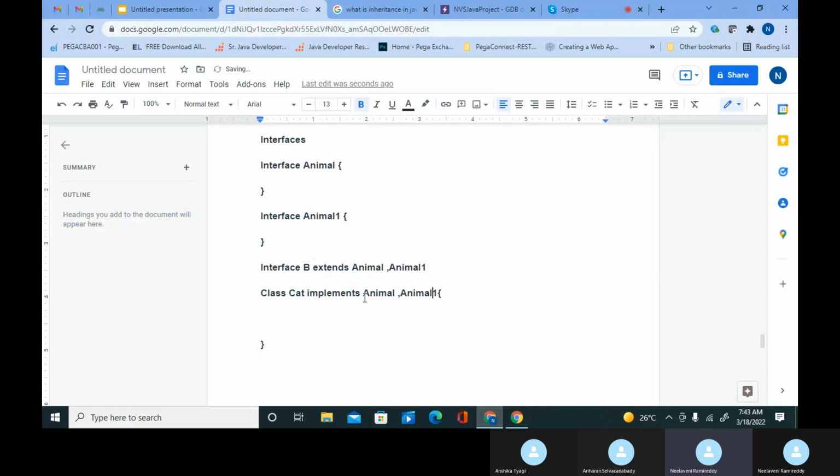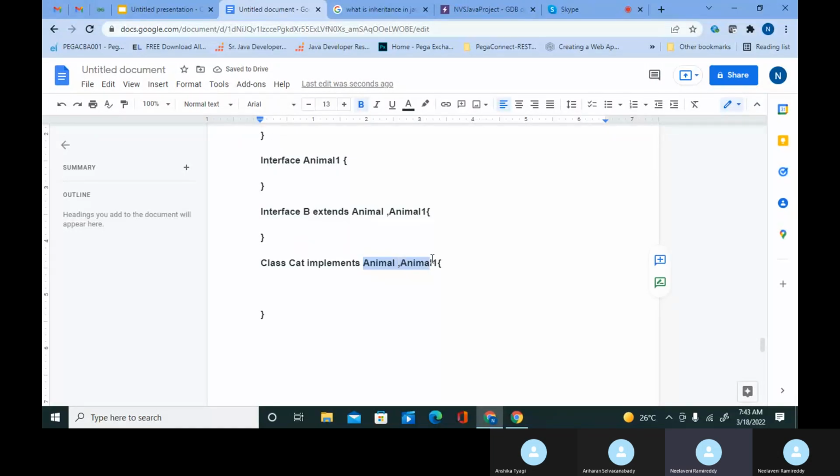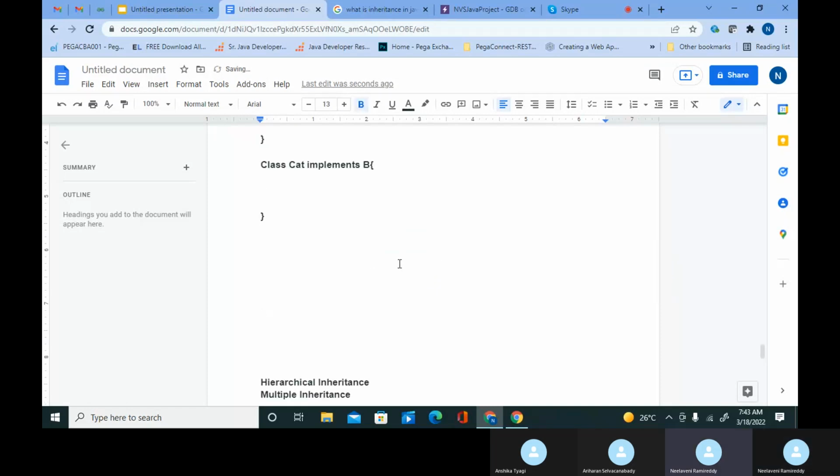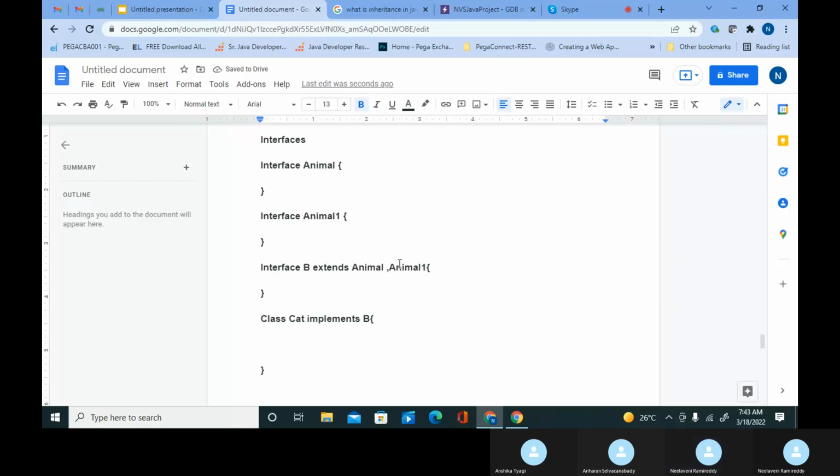If you want to implement them with a single interface, that means B. I already extend my animal and animal one, so instead of these two, I can make it B. Is there any doubt on this? No doubt.